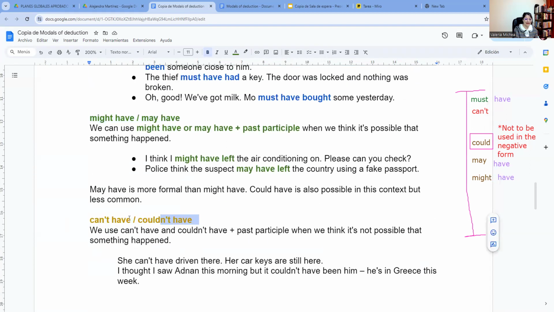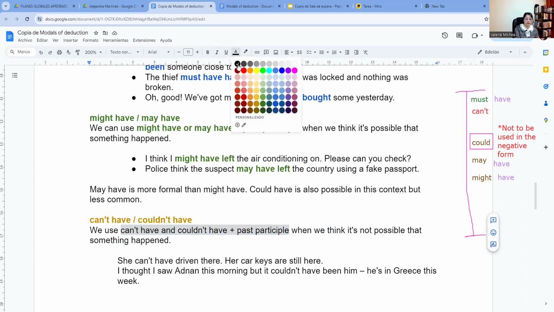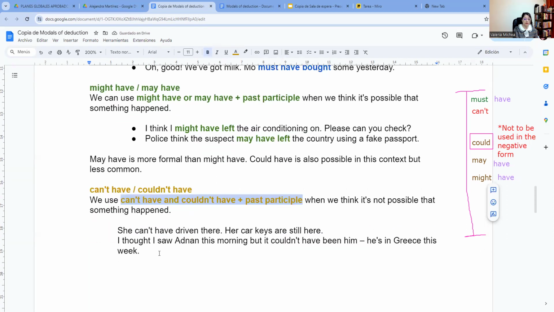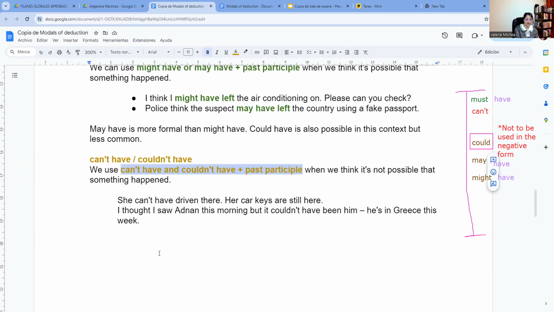We have it here in the negative one. We use can't have and couldn't have plus a past participle when we think that it is not possible that something has happened in the past. So we are going to use it only in the past form: can't have or couldn't have.